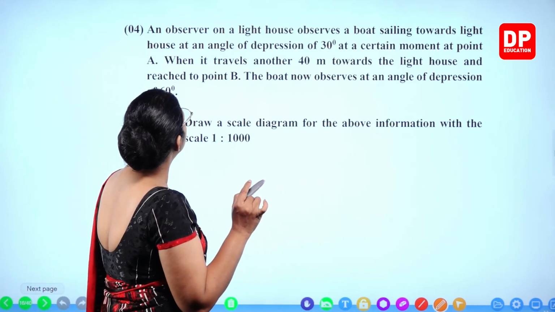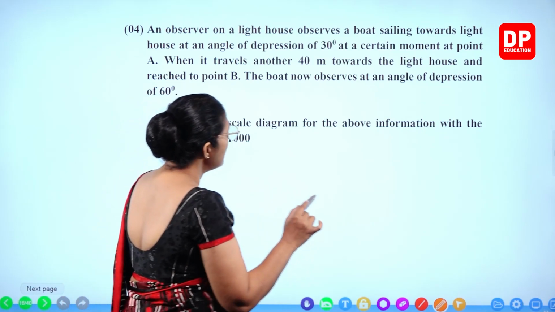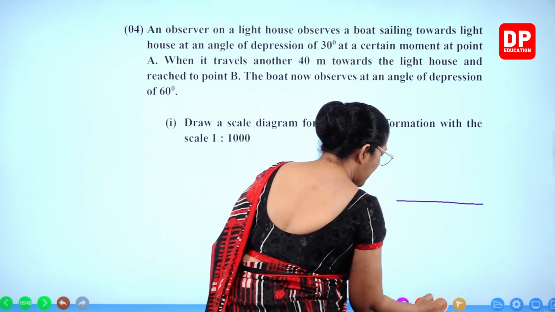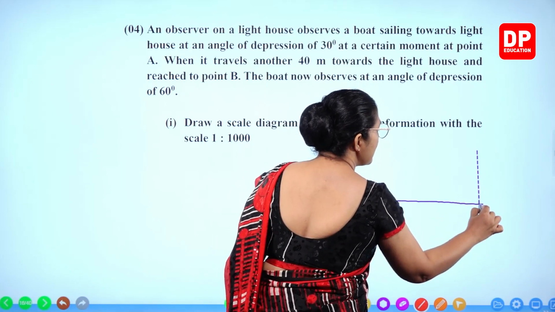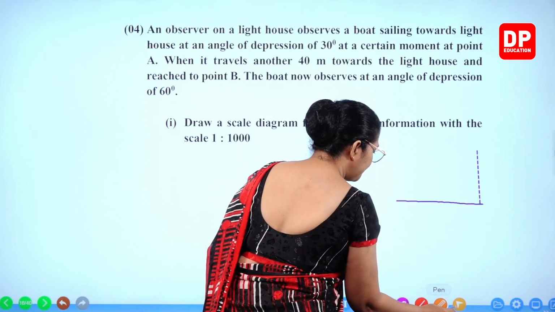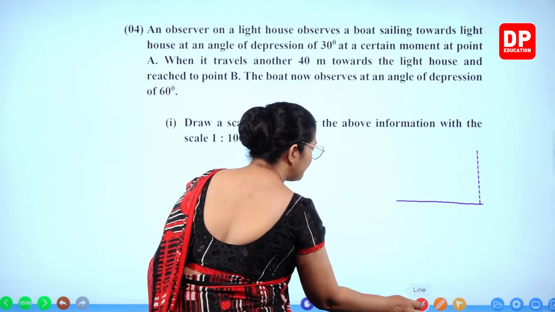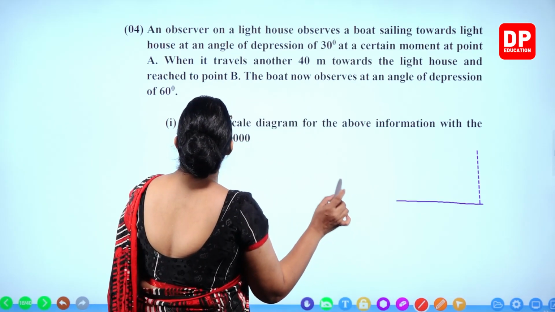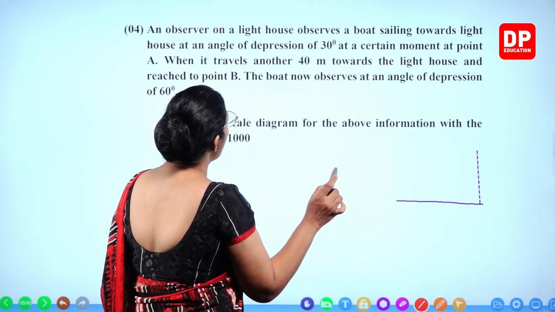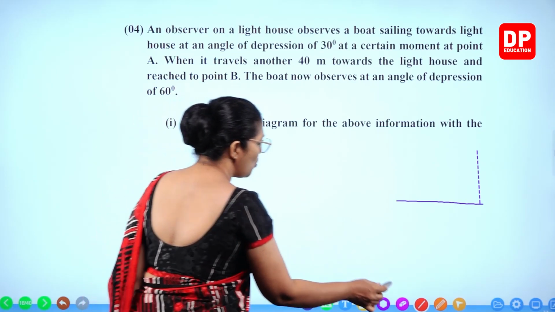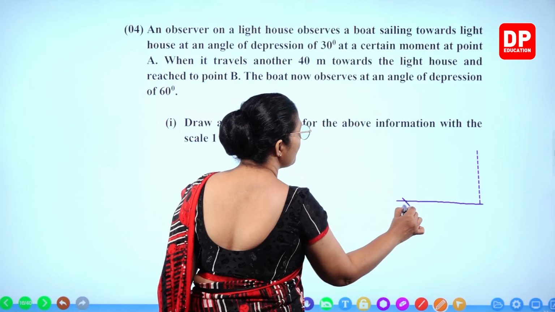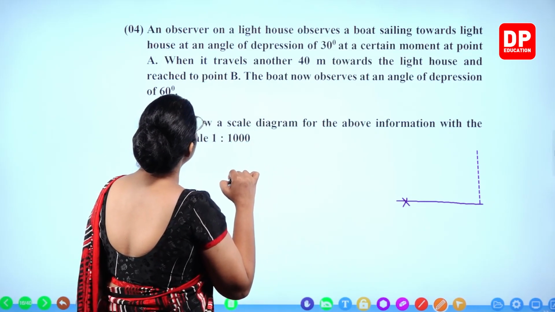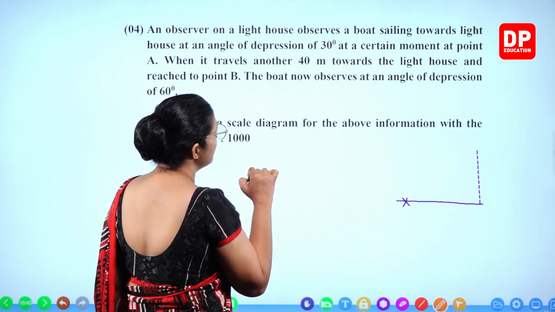So let's take, there's a lighthouse. Let's draw a line, and here let's take the lighthouse is this. That's the lighthouse. An observer on a lighthouse observes a boat sailing towards the lighthouse, this is the boat, at an angle of depression of 30 degrees.